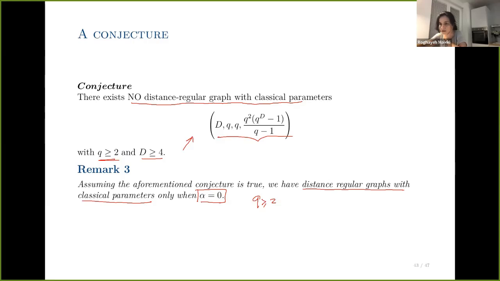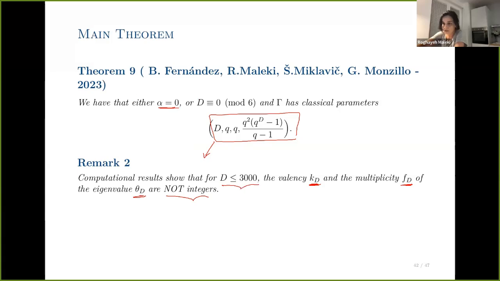I think that's everything. So I end my talk with this conjecture that we have, and this is almost a complete classification for distance regular graphs with classical parameters that support the uniform structure. I would say we are still working on this case, but really computing these multiplicities, proving that they are not integers besides by computer, it's hard to really prove it.